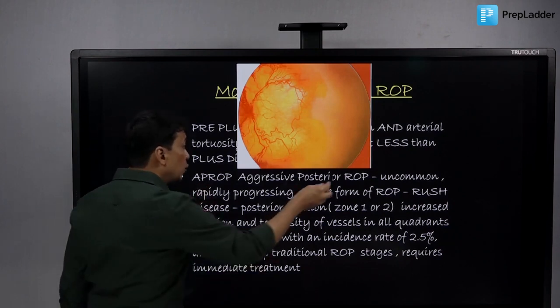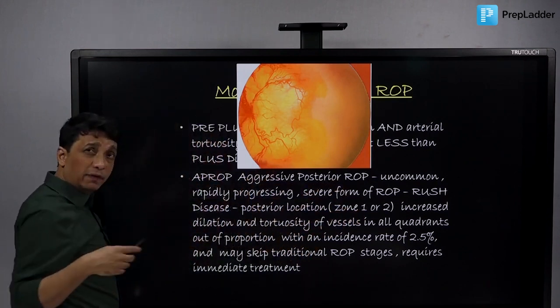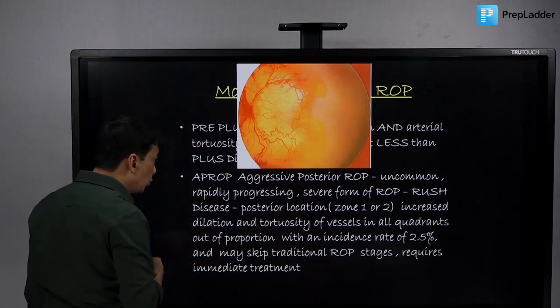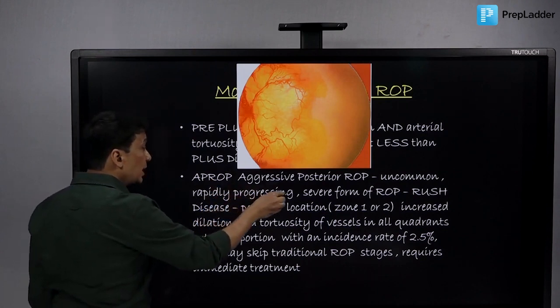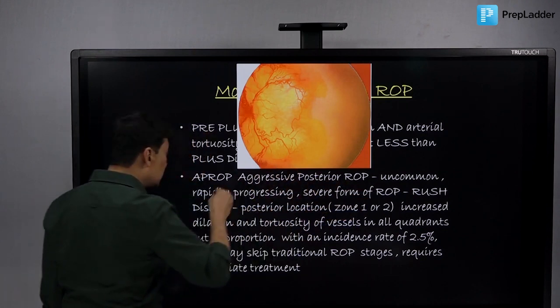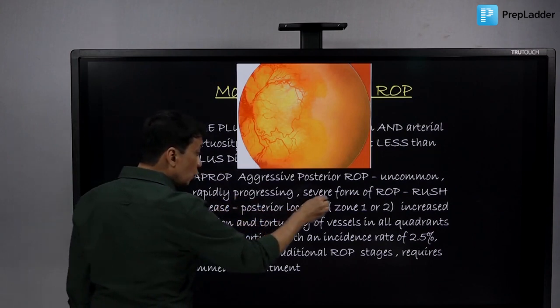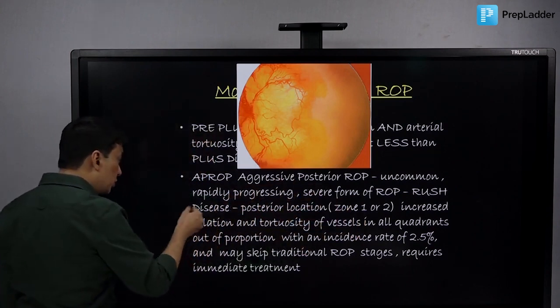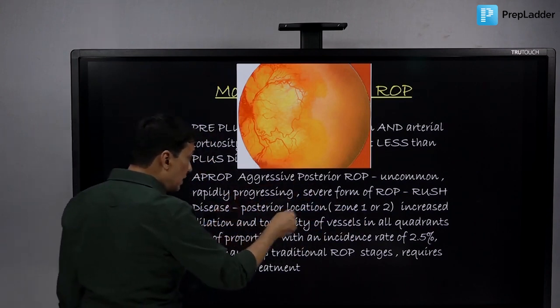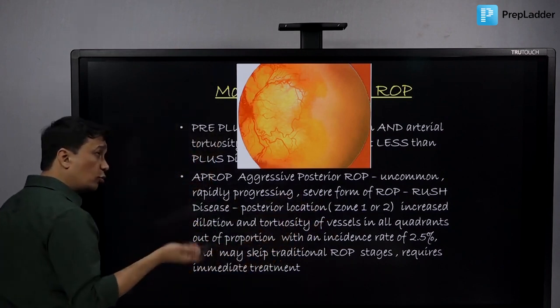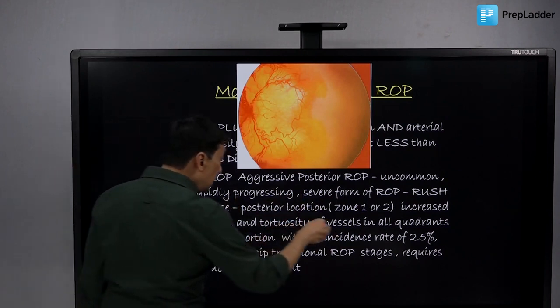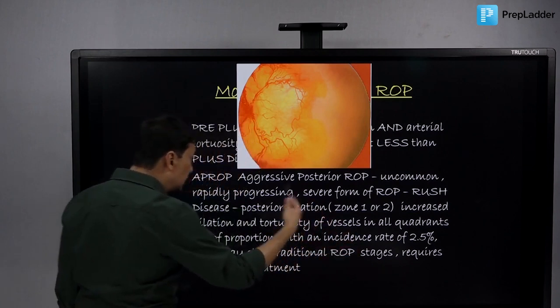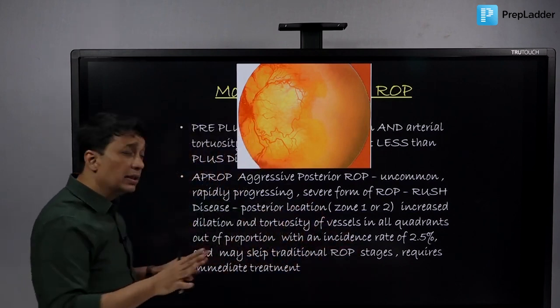Again, it's called rush disease. It's uncommon, only 2.5% of cases land up with it. It's a rapidly progressing severe form of ROP. Its location is posterior, zone 1 and 2, with increased tortuosity and venous dilatation of vessels in all quadrants out of proportion to what is expected, and it may skip through the traditional ROP stages, 4 stages, 5 stages, and requires immediate treatment.